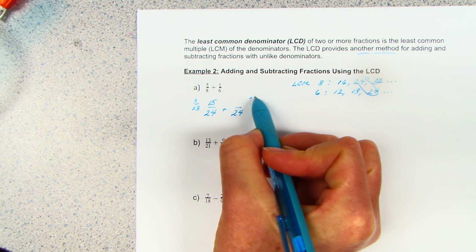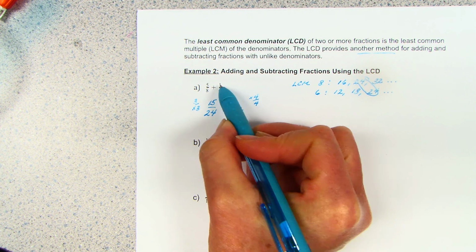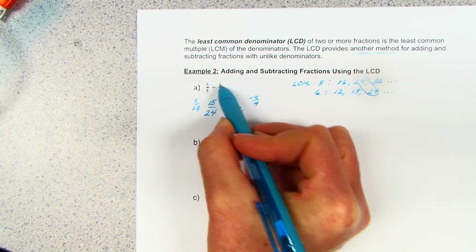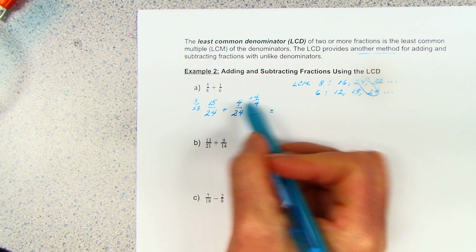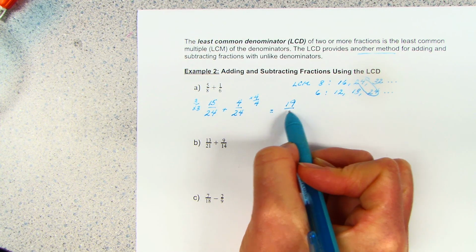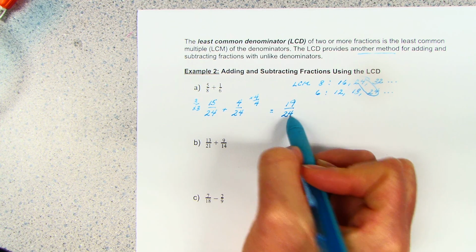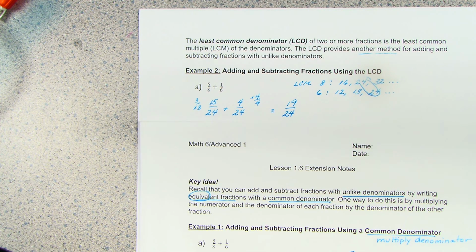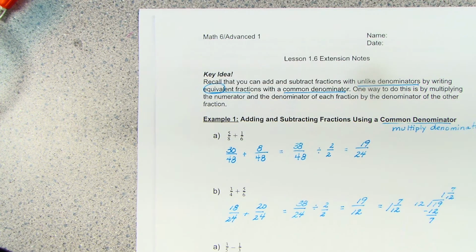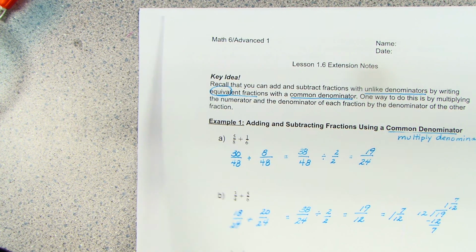So on this side, I'm going to multiply by 4/4. 6 times 4 was 24, and 1 times 4 is 4. And now I can add, and I've got 19/24, which is the same thing. So I've got 19/24 there, and I have 19/24 here.